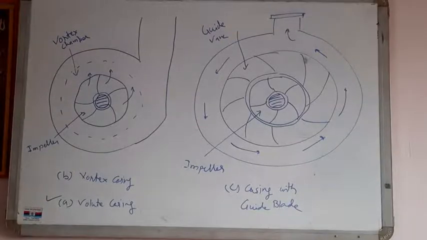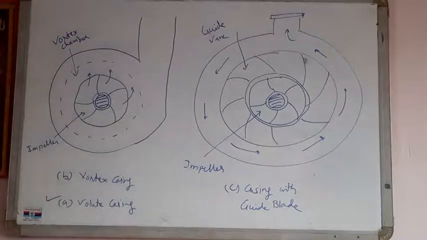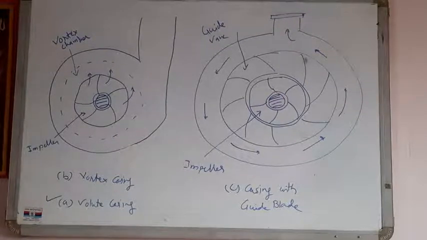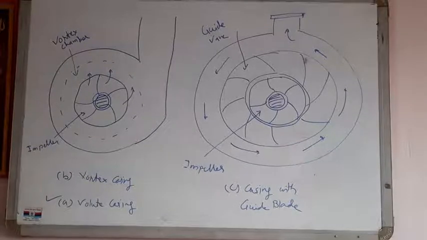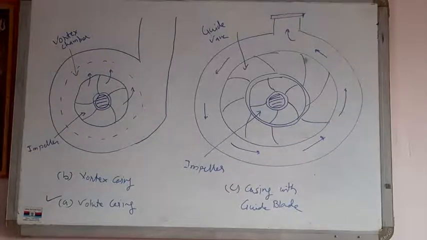In the first, the volute casing surrounds the impeller. It is spiral type, in which the area of flow increases gradually. The increase in area of flow decreases the velocity of flow.